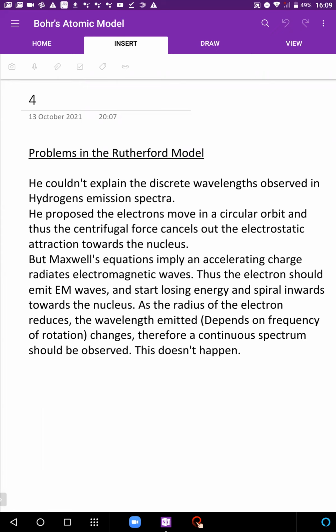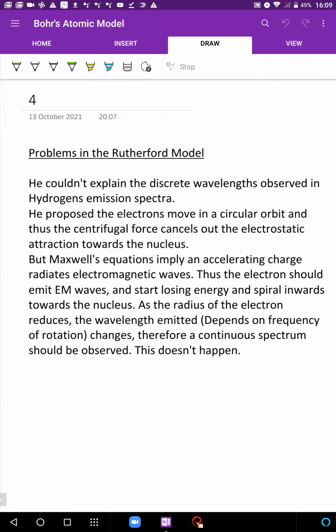He is right about the nucleus being very small and heavy, but what you may have missed is that in his model, the electrons are at the boundary. There's no concept of an orbit. According to him, electrons were at the boundary of the atom and the nucleus was in the middle.